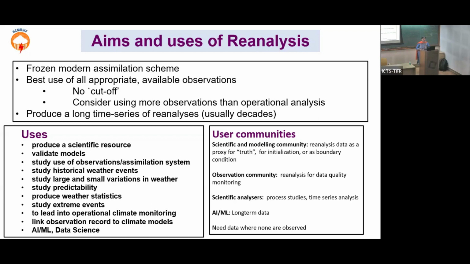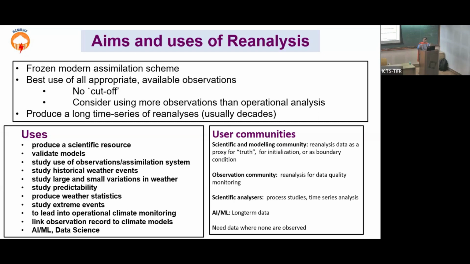Then, the best use of appropriately available observations. Yesterday when we were discussing, I was telling you that at NCMRWF we are using a 6-hourly assimilation cycle. A 6-hourly assimilation cycle means we are considering the data we are getting within plus or minus 3 hours. Sometimes the plus or minus 3-hour data we may get late.